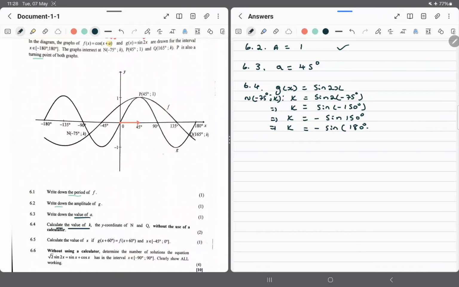This is the same as 180 degrees plus 30 degrees. 150. It's 180 minus 30 degrees. That's the second quadrant. This also implies that k is equal to minus. Now sine would have been positive, but because it's dragging a negative already.